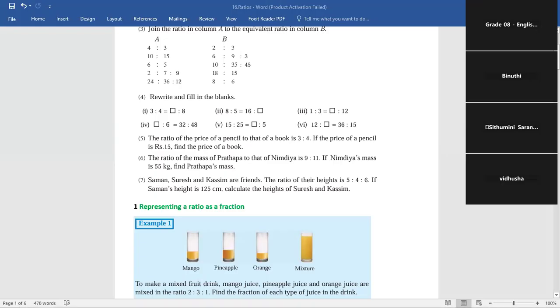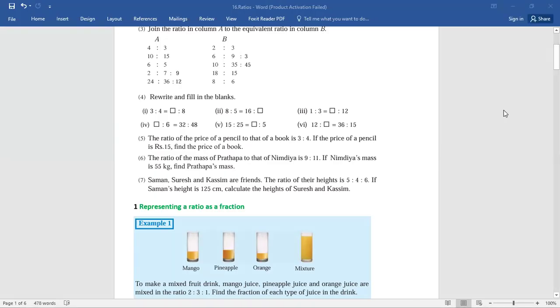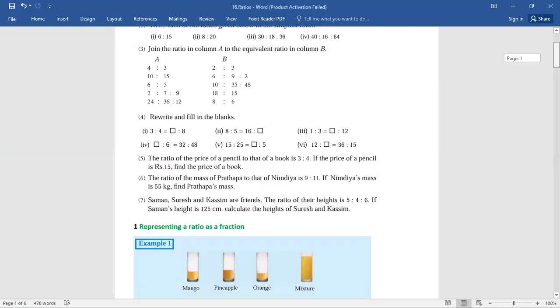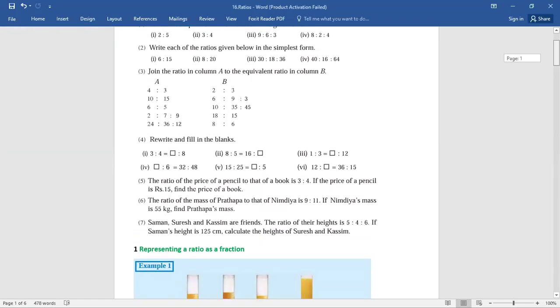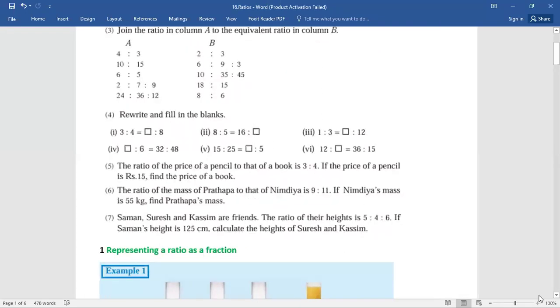You can just send me a message, yes or no. Y for yes, N for no. If you are having any other problems, you can speak. Okay, good.